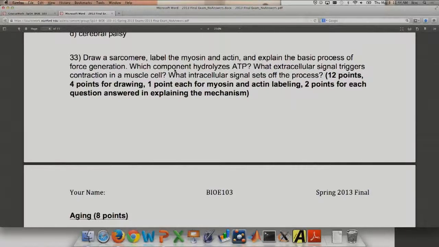Okay, so basically you've got the thicker filaments, so you can draw them thicker, and these are myosin, right? And then you have the thinner filaments, which are the actin filaments. They all look the same. And then you have actin-myosin interaction through connections, right? So the myosin head binds to the actin.